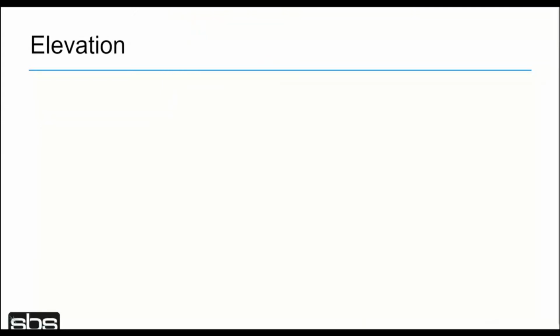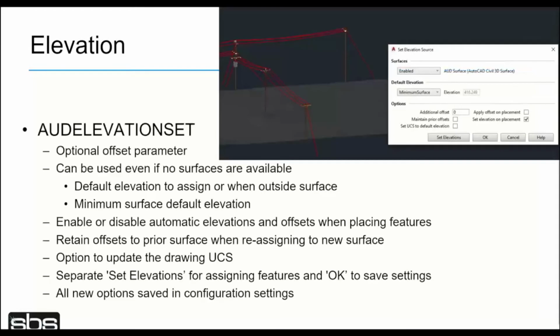So for setting elevations, previously we had an elevation tool, and it performed the task necessary to assign z values and elevations to things, but it was pretty limited in some of the other scenarios it could handle.